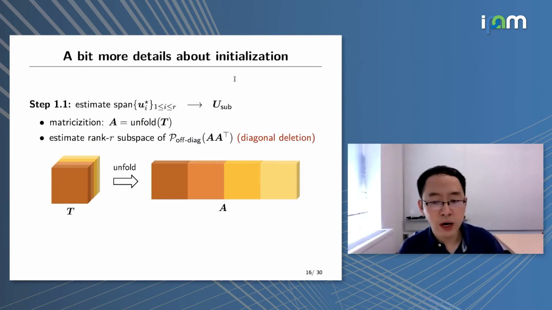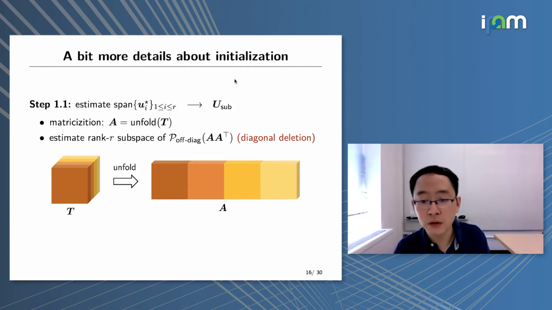So you might wonder why this is a good strategy to even start with. As you can imagine, matricizing the tensor actually destroys a lot of tensor structure, which might not be a good thing to do from an information theoretic sense.